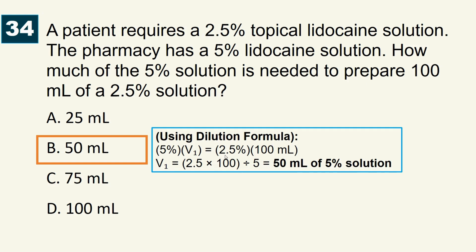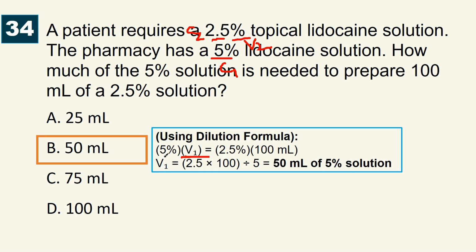This can be done by the dilution formula, which is C1V1 equals C2V2. The 5% is C1, and the question is asking how much of the 5% is needed, that is V1. Then C2 is 2.5%, and V2 is 100 mL.